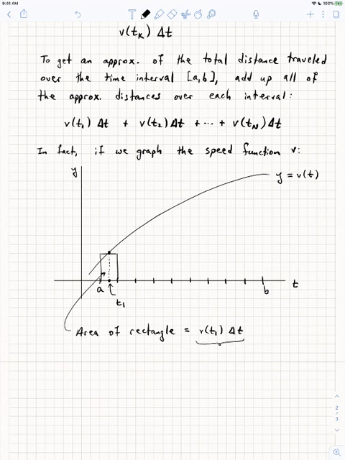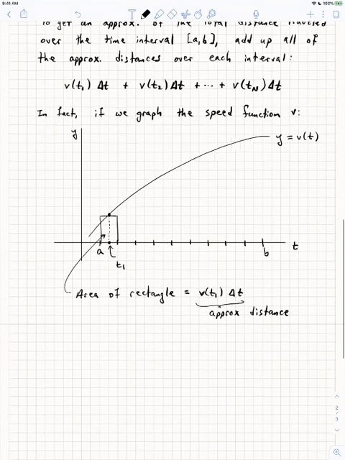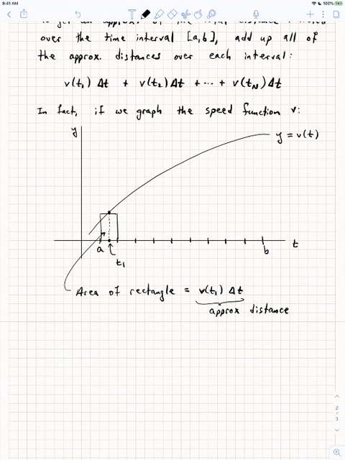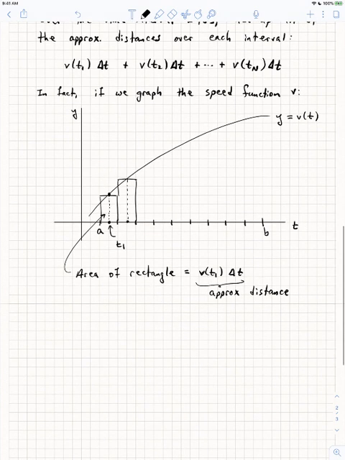So this is our approximate distance over the first interval. And if we keep doing this, if we pick a t2 in the second interval, that will give us another rectangle, and the area of that rectangle is again the approximate distance traveled. So if we add together, well, let's just draw a couple more of these in here.